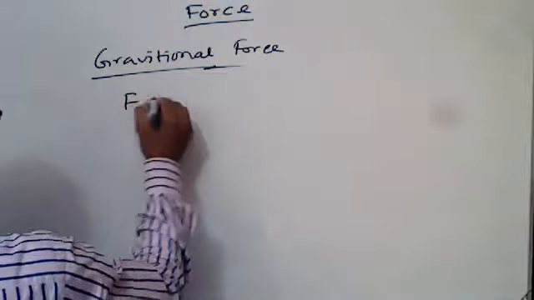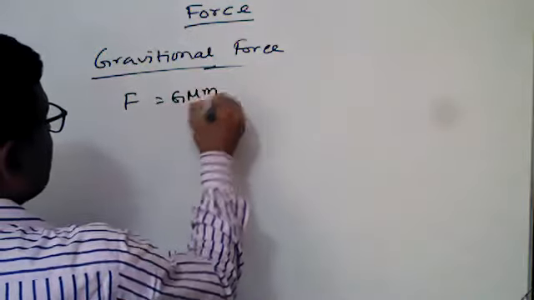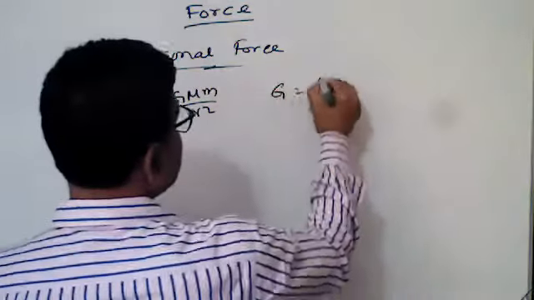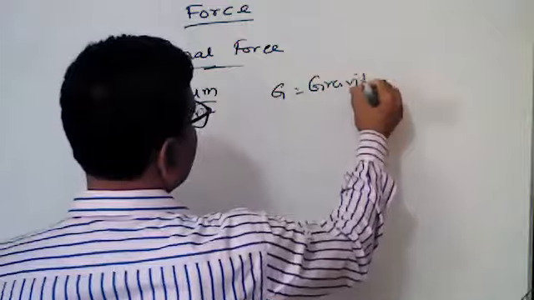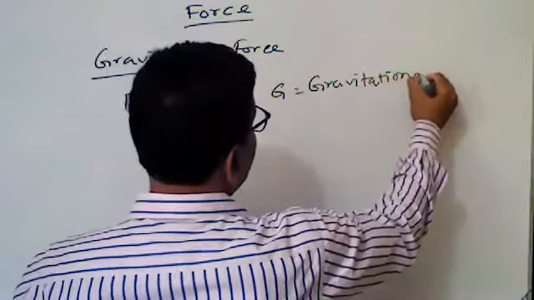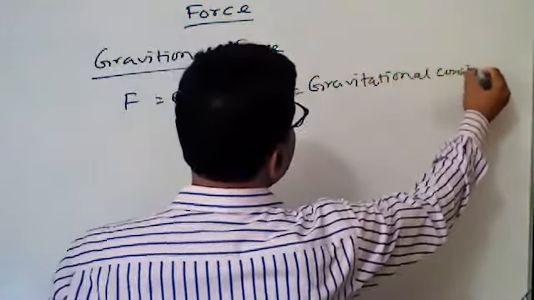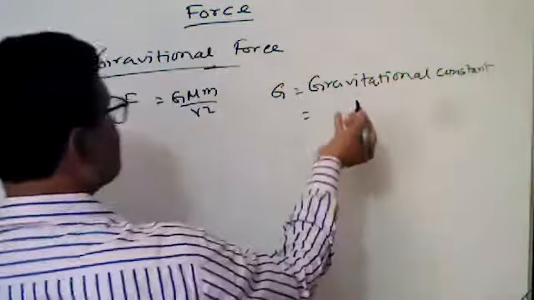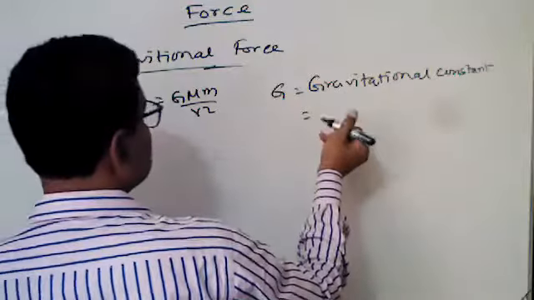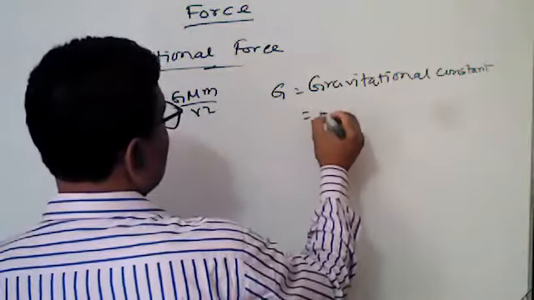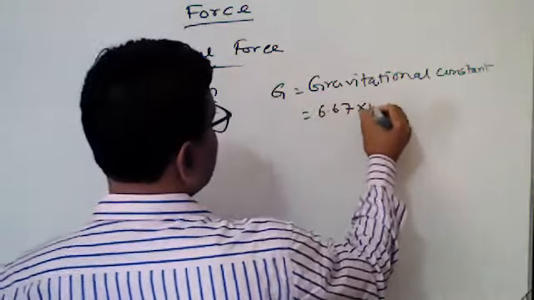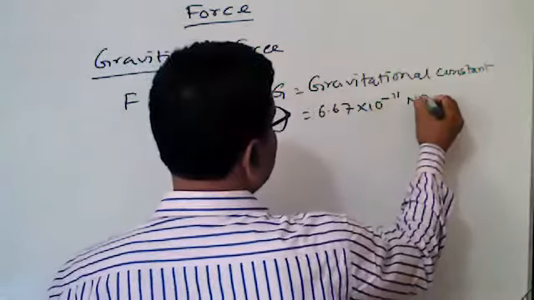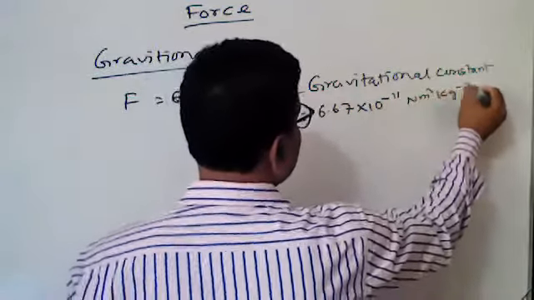You can write F equals GMm by R square, where G is the gravitational constant, and it is 6.67 into 10 to the power minus 11 Newton meter square kilogram inverse 2.